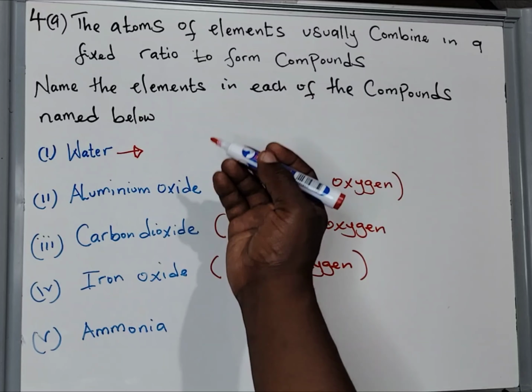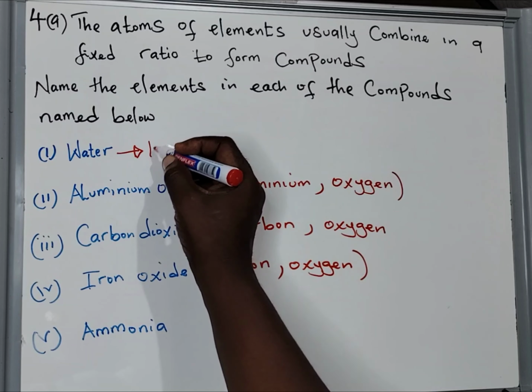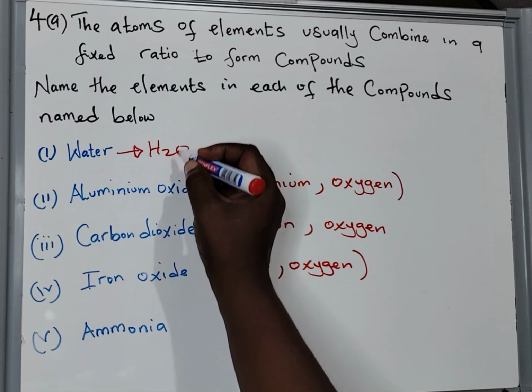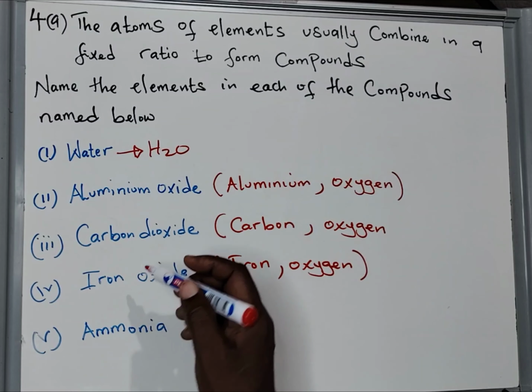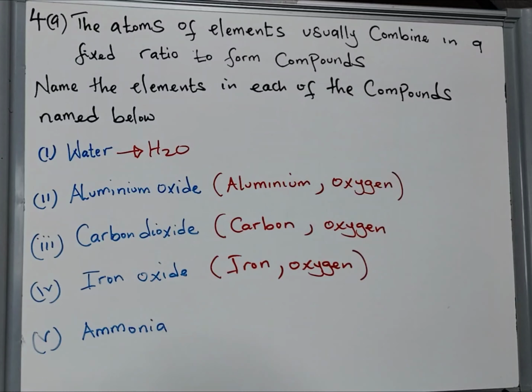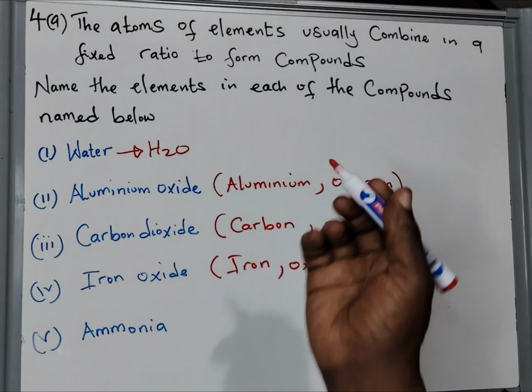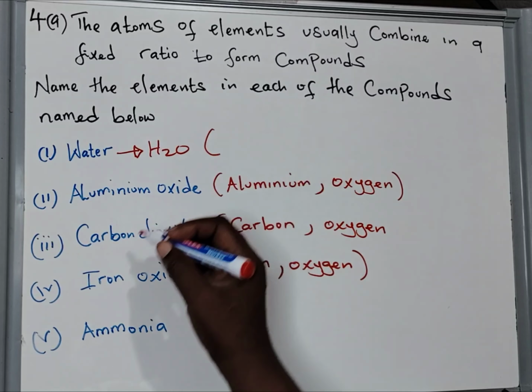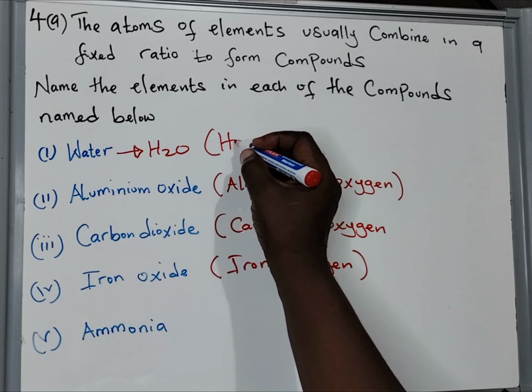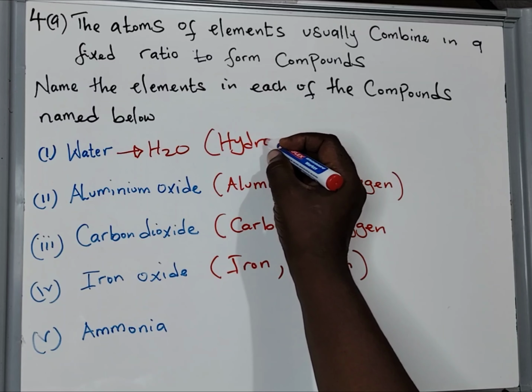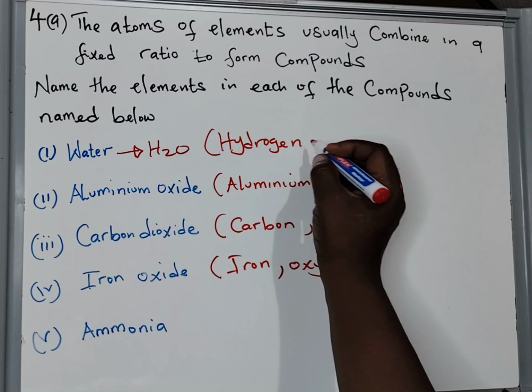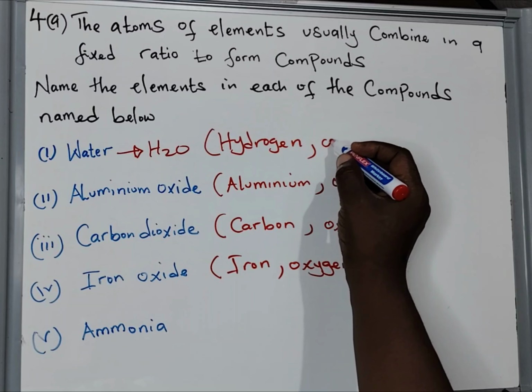But because it's one of the most common ones, we know the chemical formula. We have been playing with it throughout our levels of education. So this one tells us the elements. What are they? It is hydrogen and oxygen.